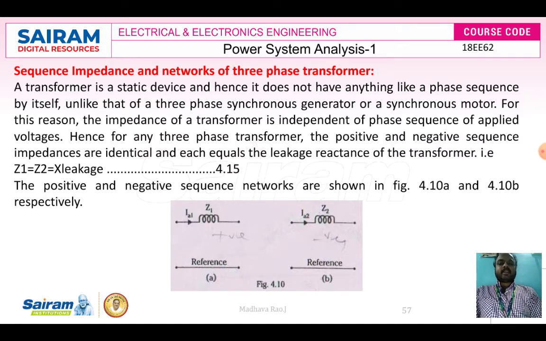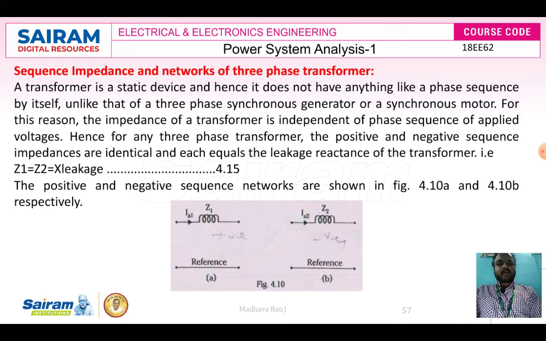Hence for any three-phase transformer, the positive and negative sequence impedances are identical, and each equals the leakage reactance of the transformer.